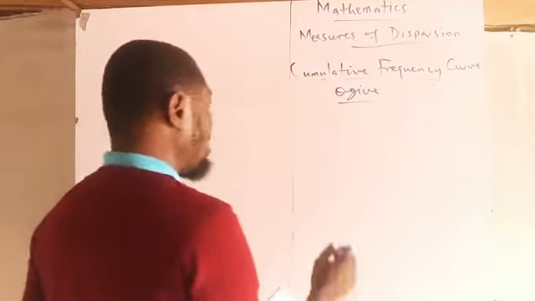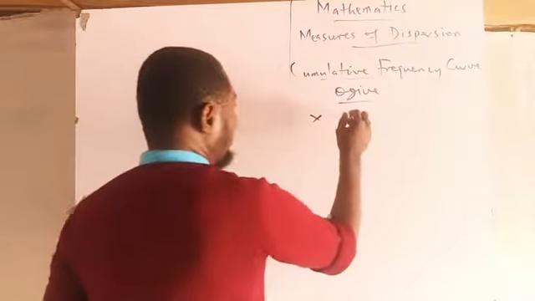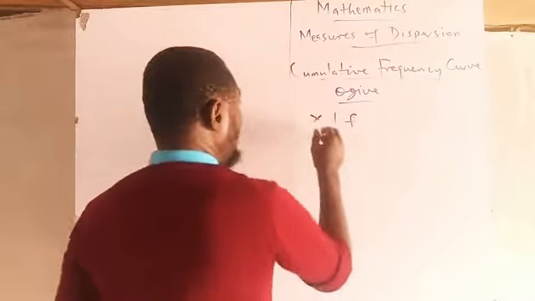The table given, I'm going to use letter X for the product, and as usual, F for the frequency.